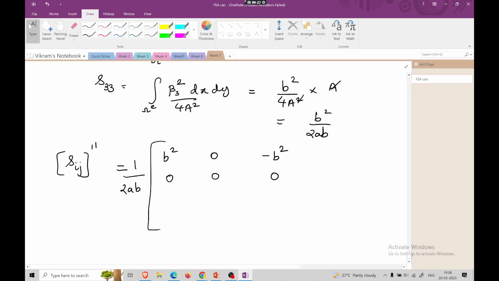What is S13? Gamma 1 gamma 3 dx dy. Gamma 1 is minus a, gamma 3, what is gamma 3? Minus of x1 minus x2, a minus a, which is 0. This is 0.